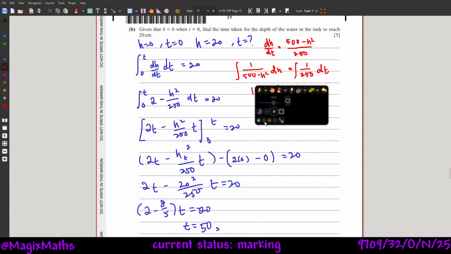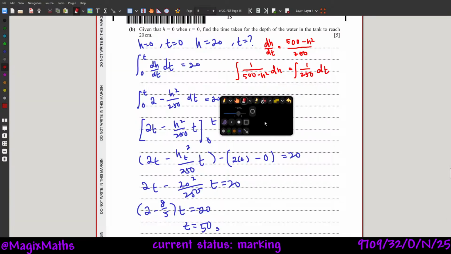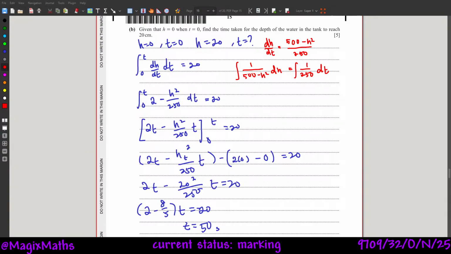So I'm using a wrong one. I'm supposed to be using the one in MF19, so it's the a squared minus h squared.